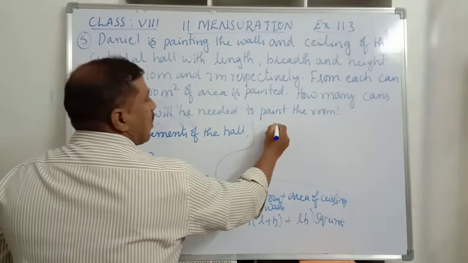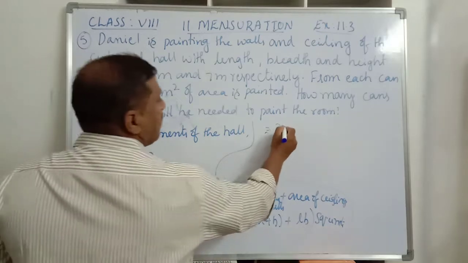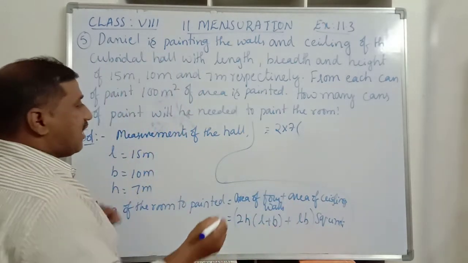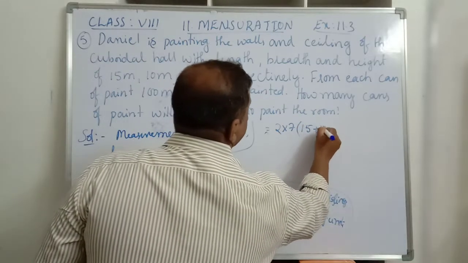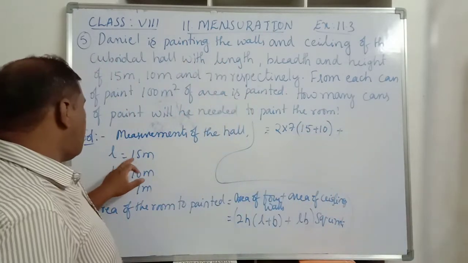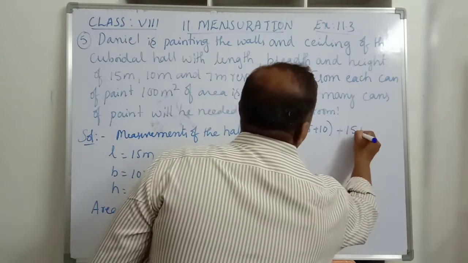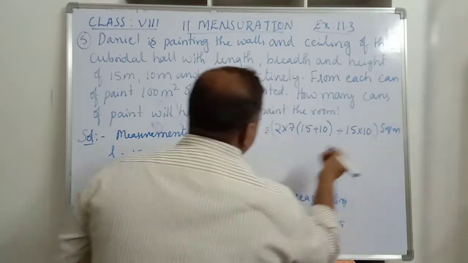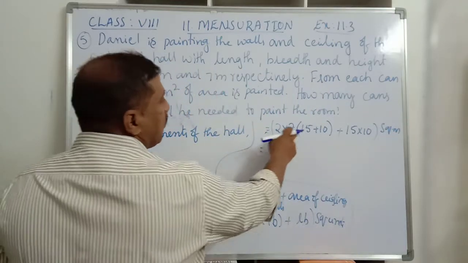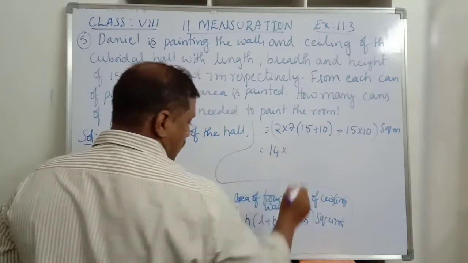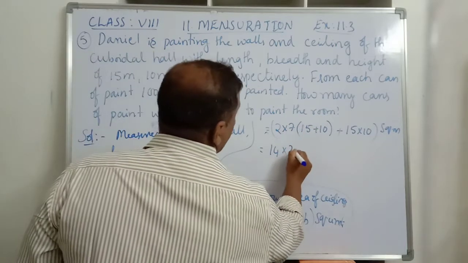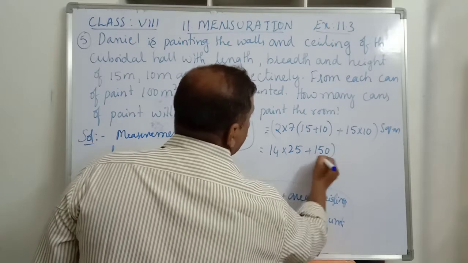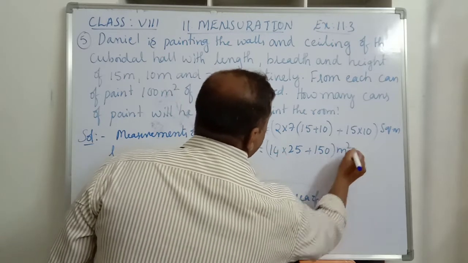That is 2 into height, h is equal to 7, 2 into 7 into length plus breadth, 15 plus 10, plus L into B, 15 into 10 square meters. That is equal to 2 into 7, 14 into 15 plus 10, 25, plus 15 into 10 it is 150 square meters.